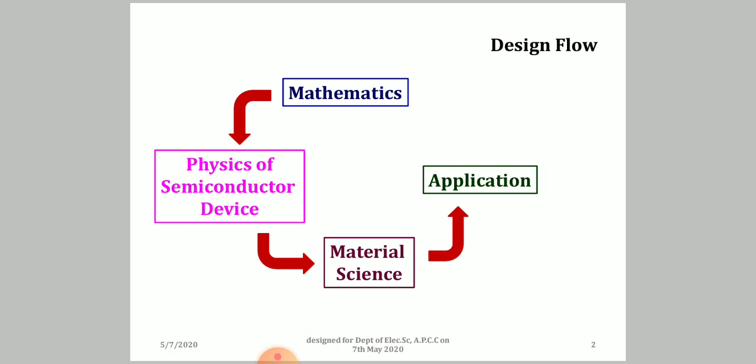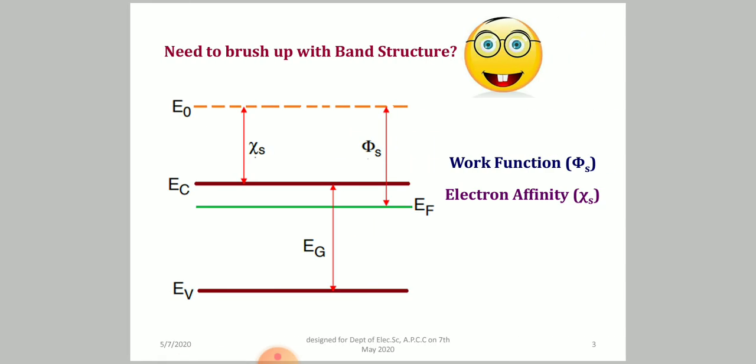Number one is called work function, and number two will be called electron affinity. So let me start our journey with these two very crucial parameters. So refresh your knowledge. Let's start.